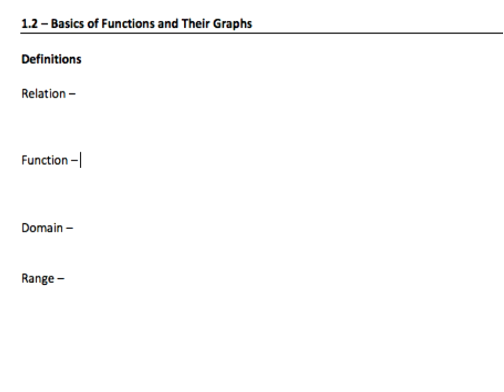All right. Okay, so a relation. This whole section is about functions and how they are represented visually on a graph. So this is our supporting language that we'll need to move forward with that.